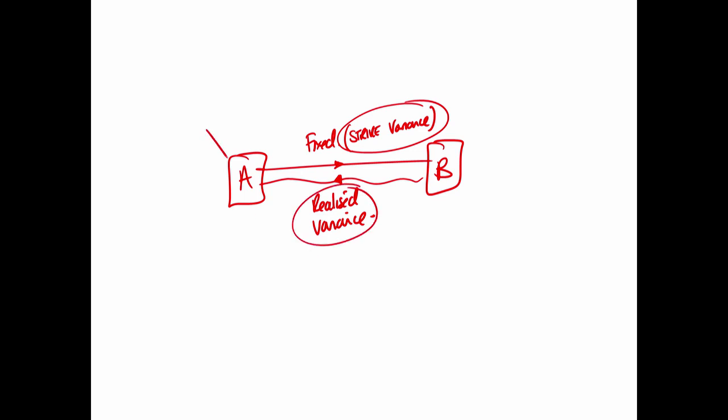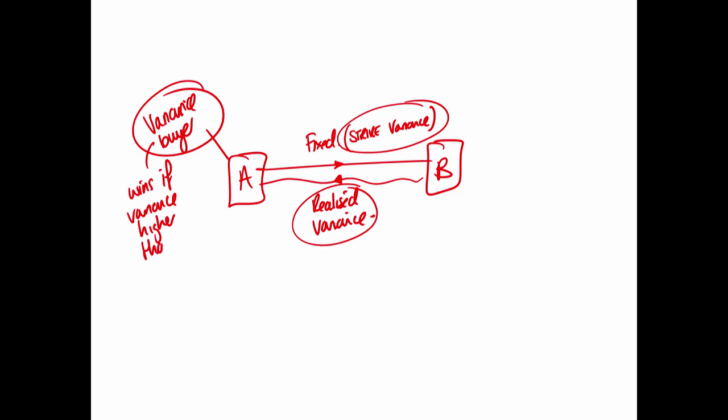But A here is the variance buyer. A will win if variance turns out to be higher than the strike. And the strike is based on what is priced in to markets at the initiation of the swap.